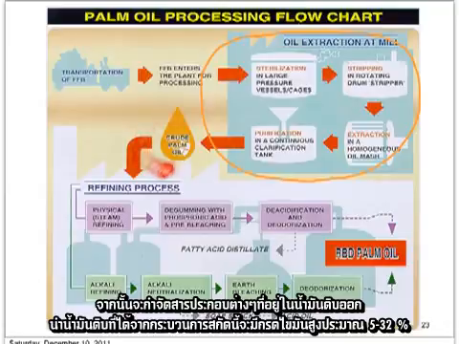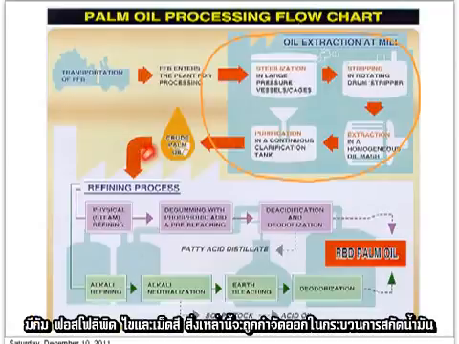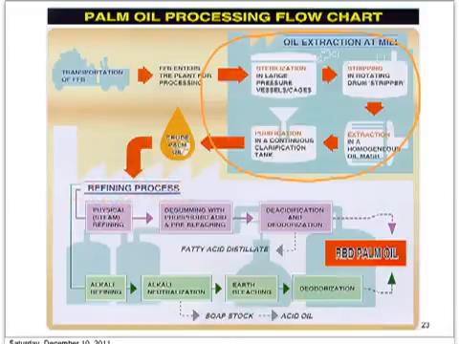Then finally we get the crude oil. But at this stage, the crude oil still contains a lot of fatty acid, a high amount of free fatty acid, maybe between 3 to 5%. It contains gums, phospholipids, waxes, pigments. So these need to be removed in the process of refining.